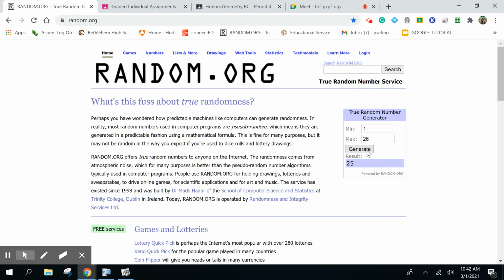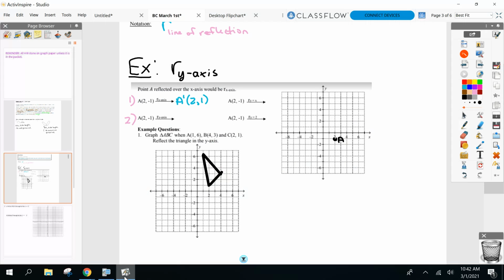Because I want to keep it the same. Sabrina, how many units away? 2? Everyone go 2 in the other direction then. Distance stays the same when I do a rigid motion. There's A prime, which for us now looks like -2, -1.